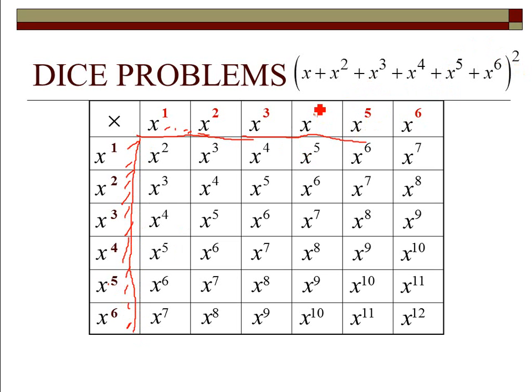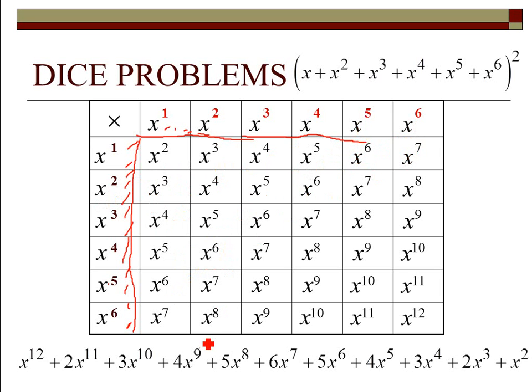And if I did actually square this out, multiplying it out, I have 1x squared, 2x cubed, 3x to the 4th, 4x to the 5th, 5x to the 6th, 6x to the 7th, 5x to the 8th, 4x to the 9th, 3x to the 10th, 2x to the 11th, and an x to the 12th. This is written in descending order, where the highest power starts. That's typically where you'll see them.